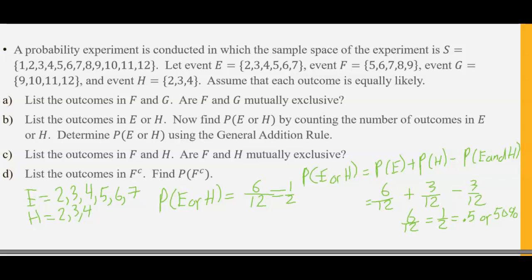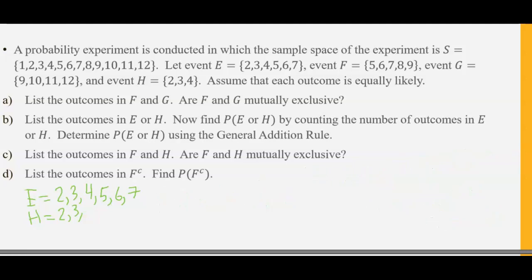Okay, so that's B. Next, let's discuss C. List the outcomes in F and H. Are F and H mutually exclusive? Again, we're going to list the outcomes. Here's F. F is 5 through 9, so 5, 6, 7, 8, 9.